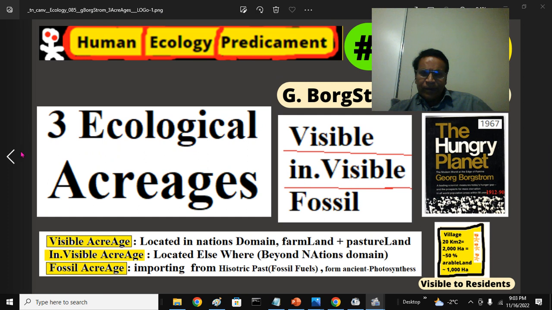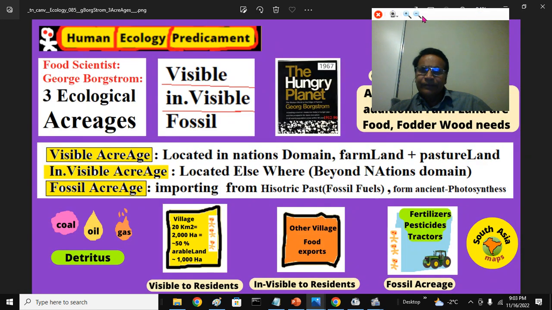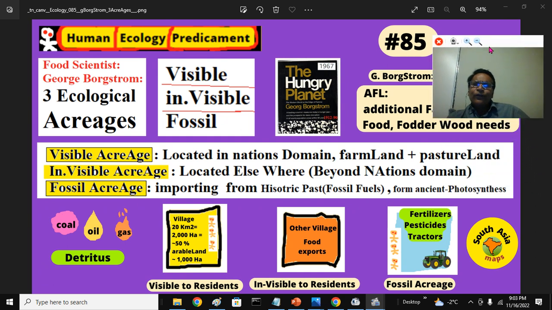Dr. Borgstrom's work. Visible acreage: essentially a farmland or additional farmland.